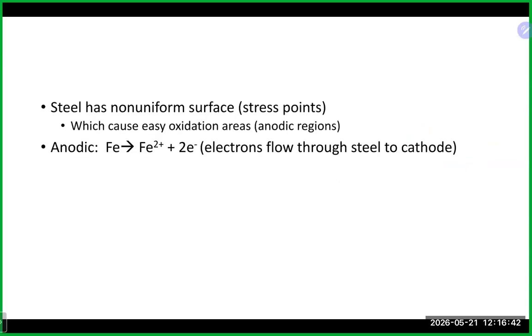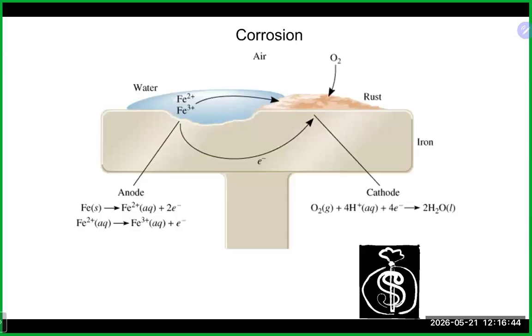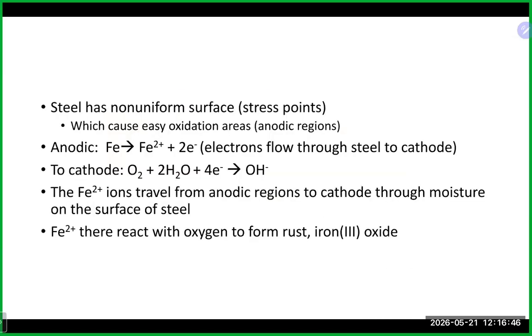In terms of rust, rust is actually a process where iron sort of gets oxidized twice. It starts with iron that goes to iron 2. And really, for rust to form, you pretty much only need three things. You need a little bit of iron, a little bit of moisture, and some oxygen. And on steel, there's a lot of these uneven surfaces where moisture can sit, and since oxygen's in the air, you have your three components really needed for rust to occur very easily.